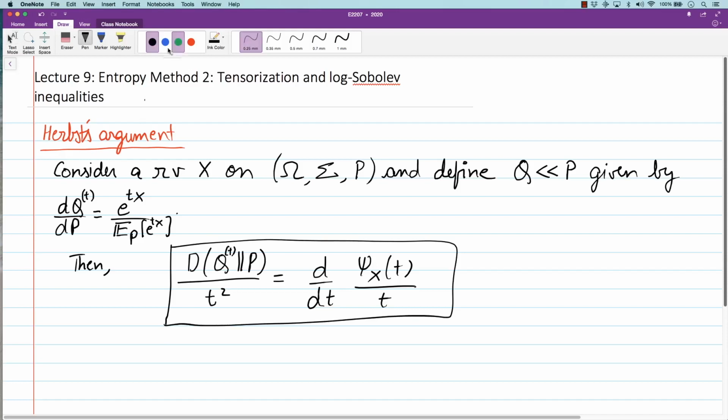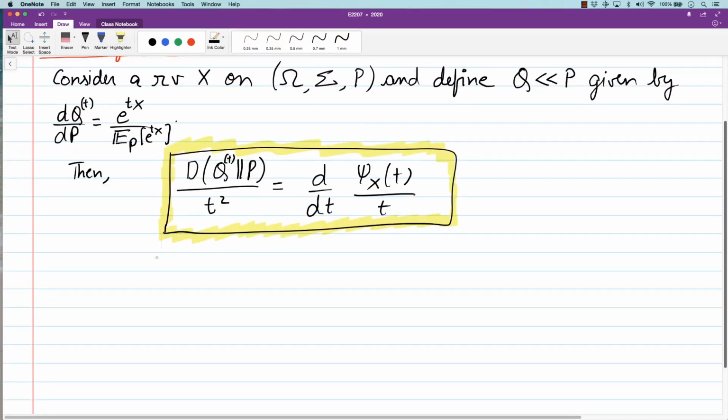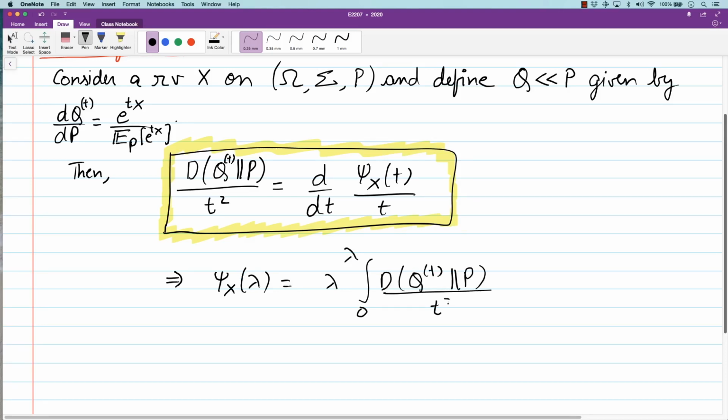This is the formula which leads to Herbst's argument. So how do we use this formula? It gives us a nice formula for the log moment generating function: psi of lambda is equal to lambda times the integral from 0 to lambda of the divergence D(q_t || p) divided by t square, dt.